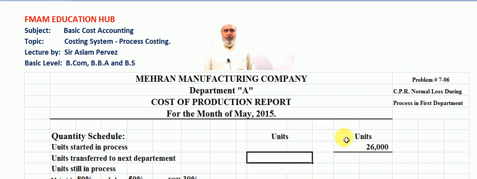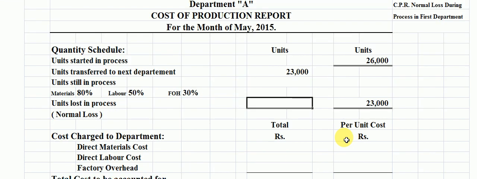Now, 23,000 units are completed and transferred to the next department B. The units still in process are 2,000 units. The degree of completion is 80% as material, 50% as labor, and 30% as factory overhead.